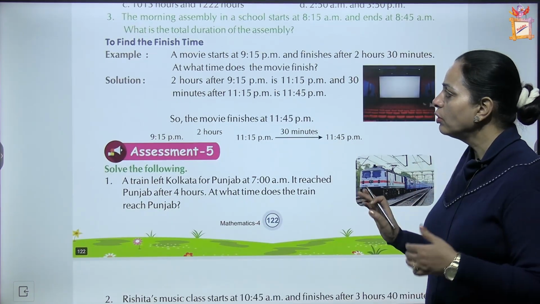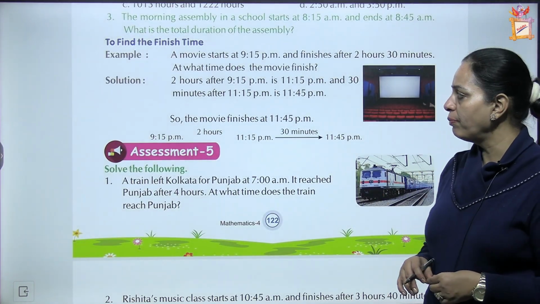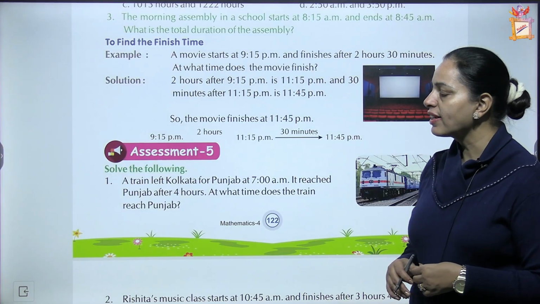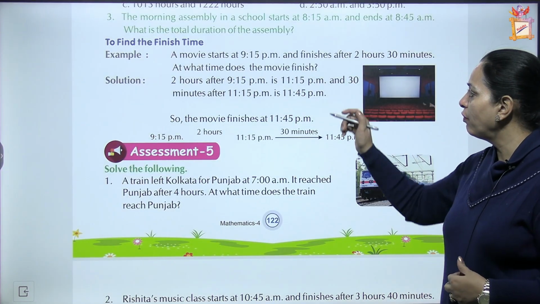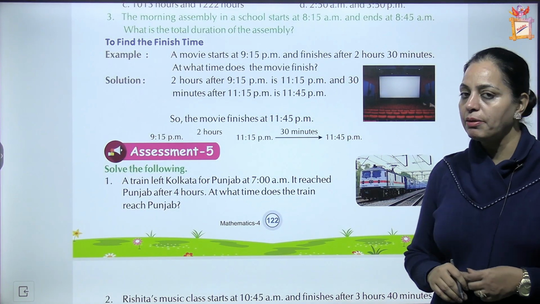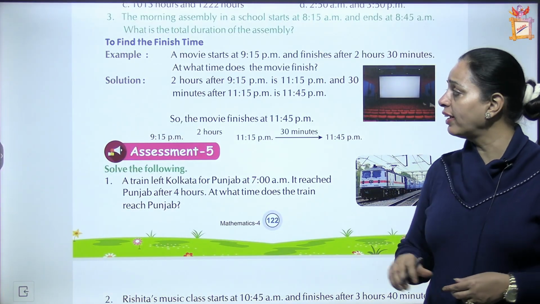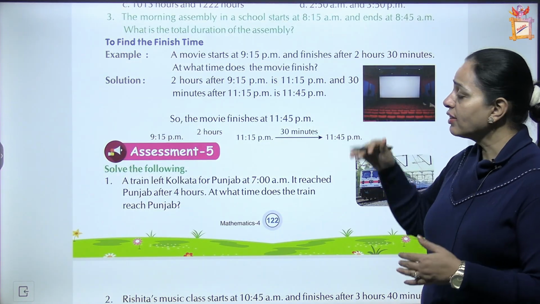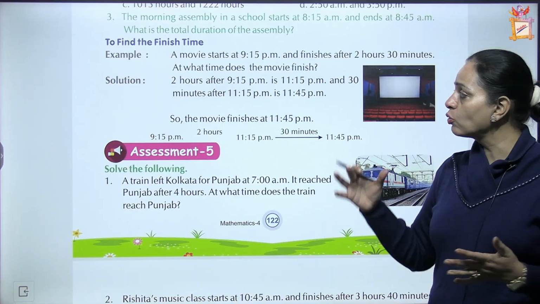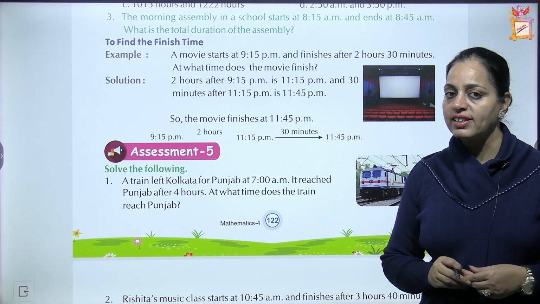Now come to next, to find the finish time. Example, a movie starts at 9:15 PM and finishes after 2 hours 30 minutes. At what time does the movie finish? So what will we do? The time the movie has taken, we will add to the starting time.